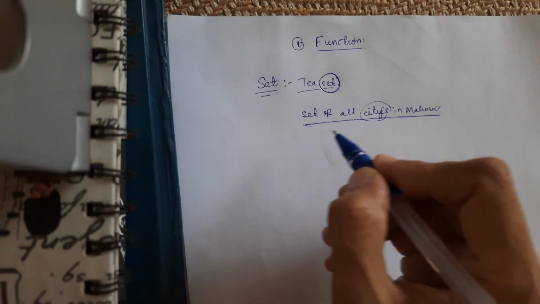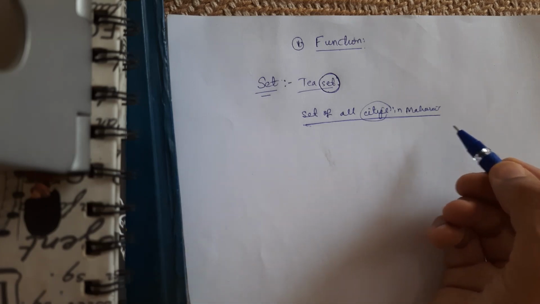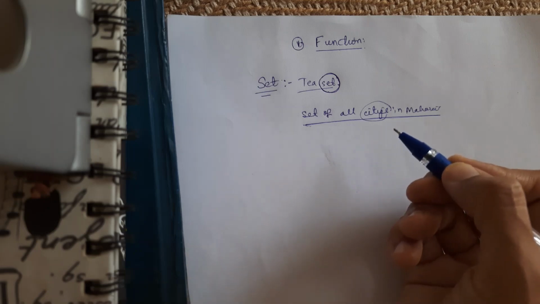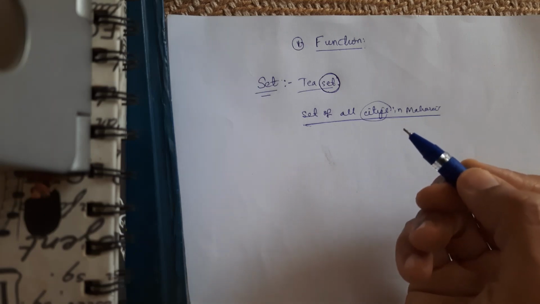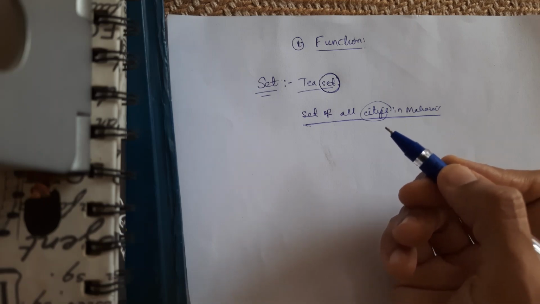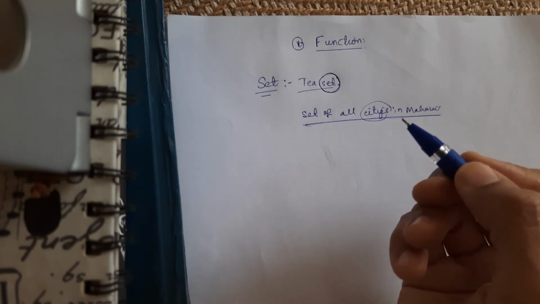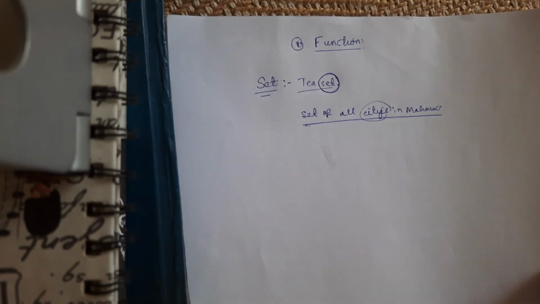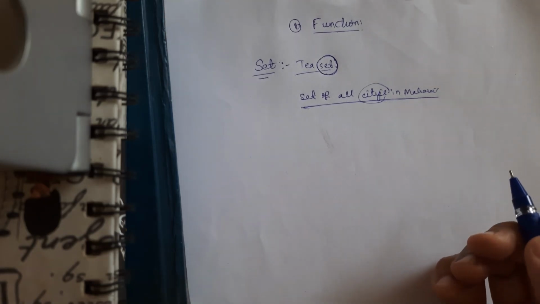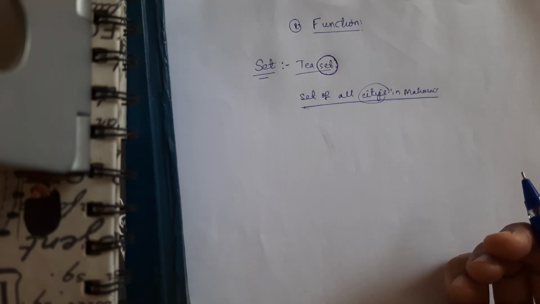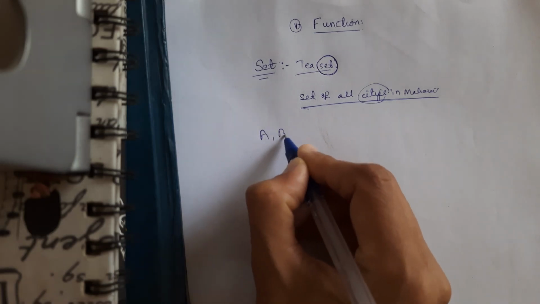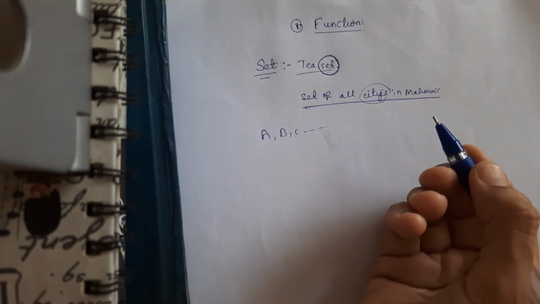Or the set of all district places in Maharashtra, that is one set. The set of all state capitals of India. The set of all state capitals of USA. These kinds of things are called sets. In definition we say that a set is a collection of distinct objects, and it is always denoted by a capital letter like A, B, C, and so on.